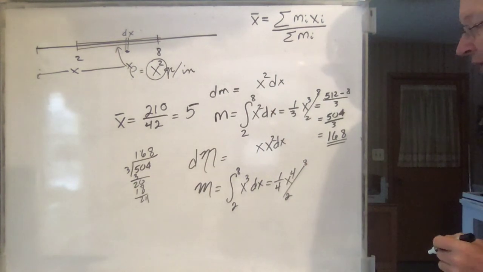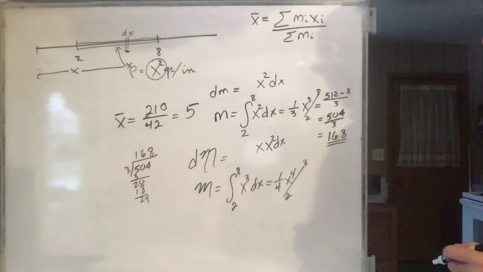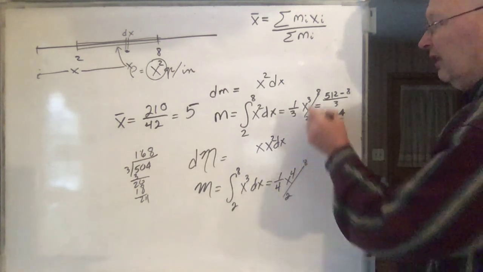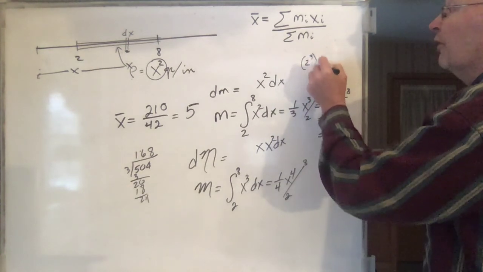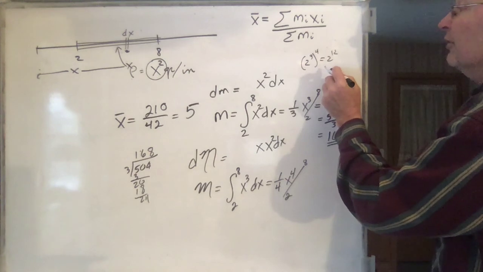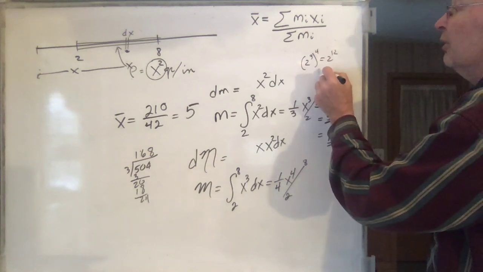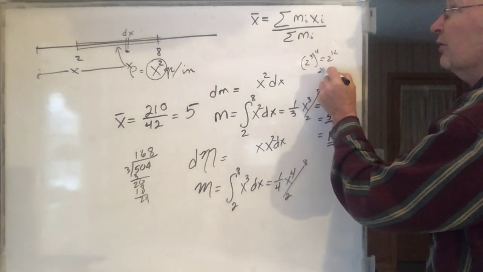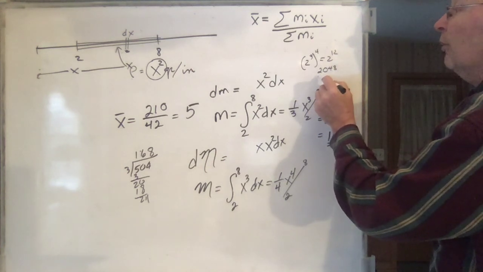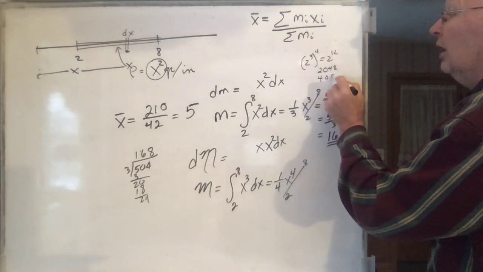8 to the 4th is what? Let's see. 8 to the 4th, that's 2 cubed to the 4th, which is 2 to the 12th. 2 to the 10th is 1,024, so that would be 1,024, then 2048, and you multiply that by one more, it's going to be 4096.